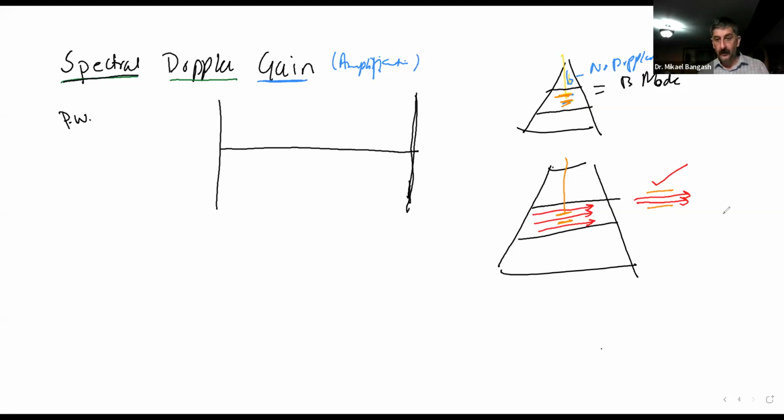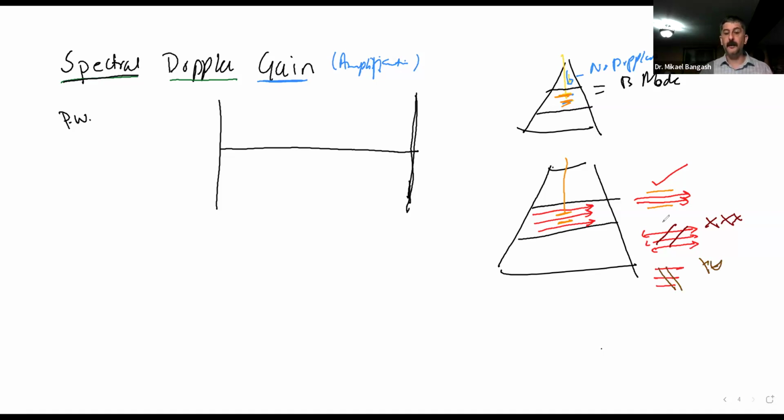If the blood, for instance, flows in this direction, and you keep your sample window, let's choose a color, something like this, that is wrong. Or even if you kept it, for instance, like this, that is also wrong.